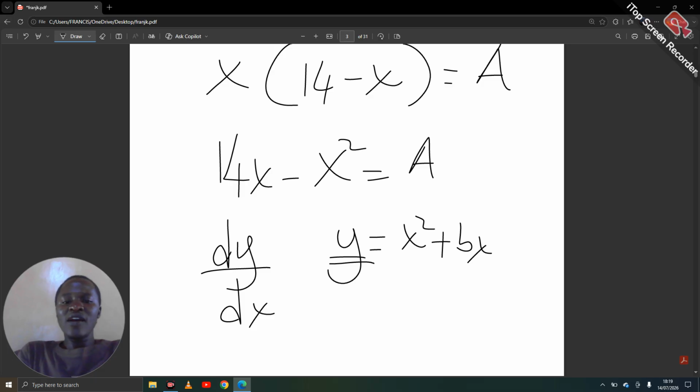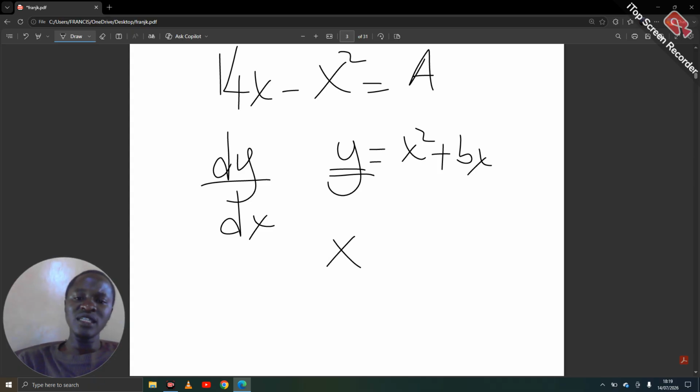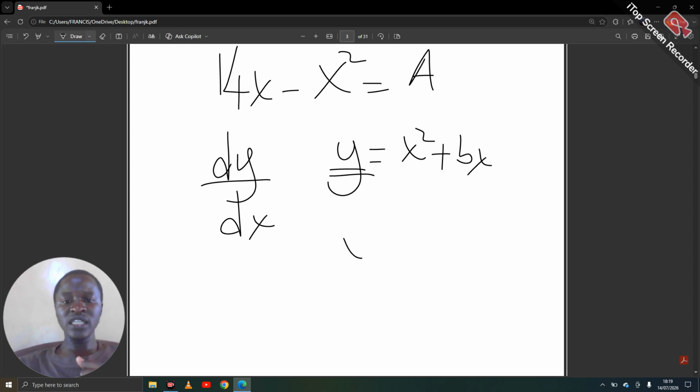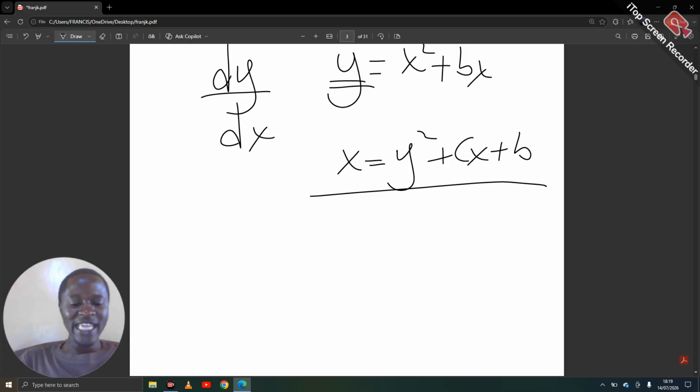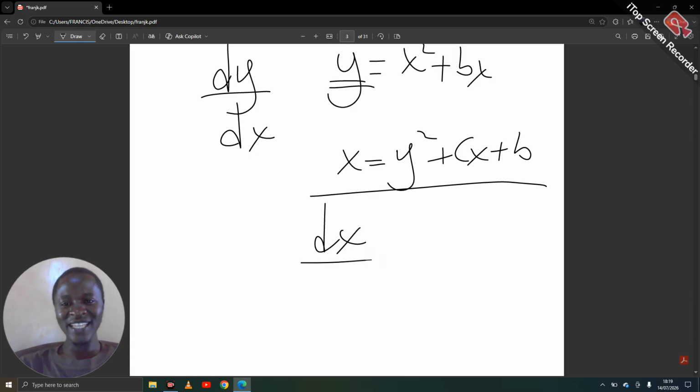Suppose the function is this way: x is equal to y squared plus cx plus b. For us to differentiate this, it will now be dx over dy. So don't just always think differentiating is dy over dx. No, it is never that. Remember, it can change.